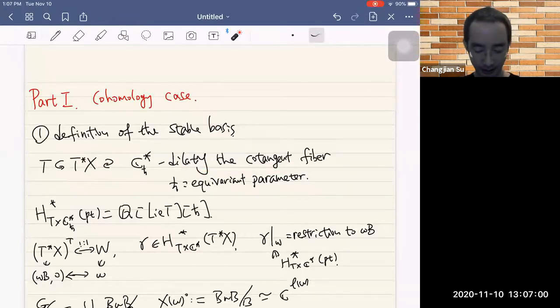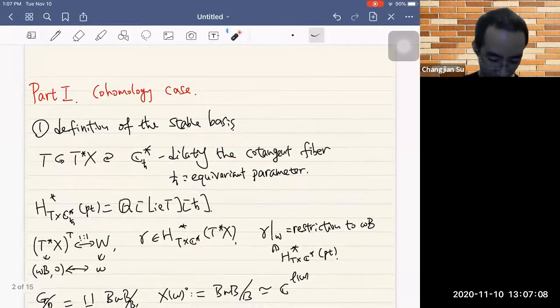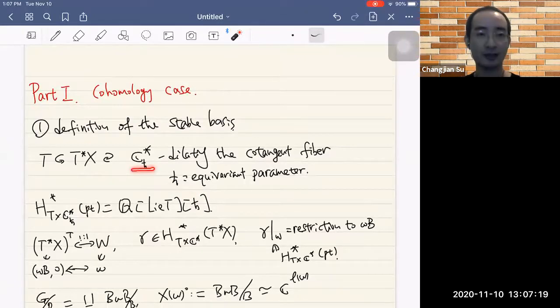This C star only acts on the cotangent fibers. It acts trivially on the zero section, so it acts trivially on the flag variety. This T will preserve the symplectic form, but this C star will scale the symplectic form. I just use h bar to denote the equivariant parameter for this C star action.